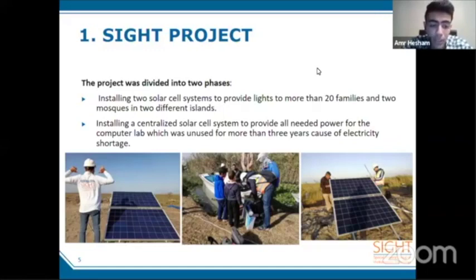And the second phase was installing a centralized solar cell system to provide all needed power for the computer lab, which was unused for more than 3 years because of electricity shortage. And here are some pictures of IEEE SITE Egypt volunteers working on the project.